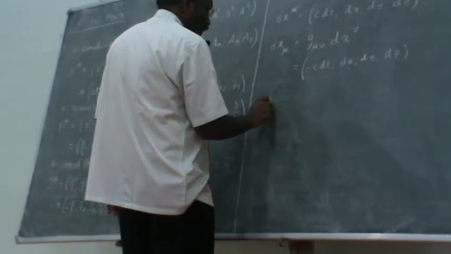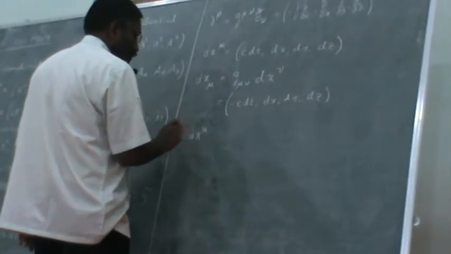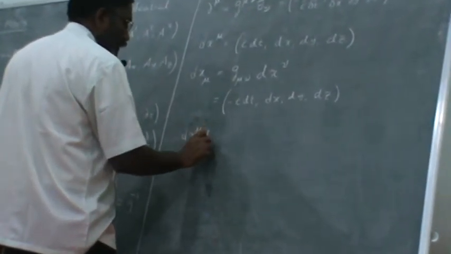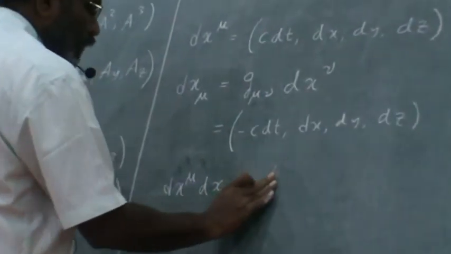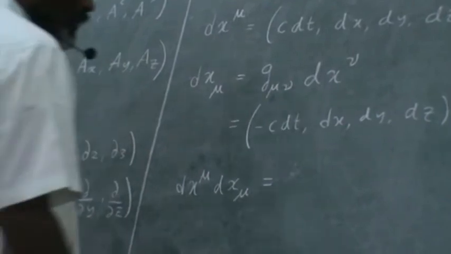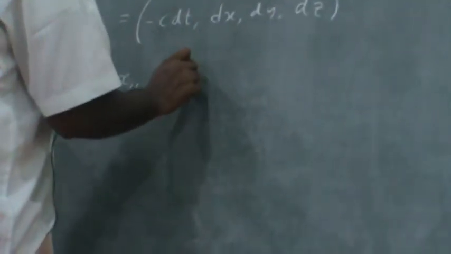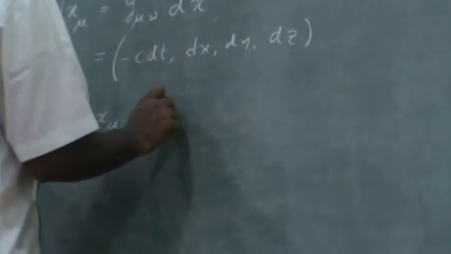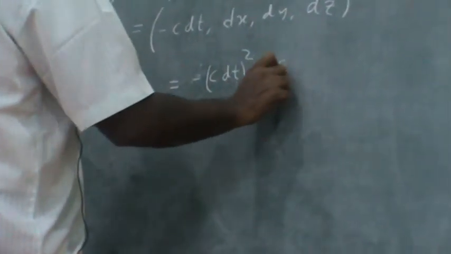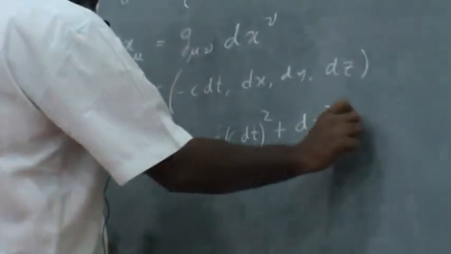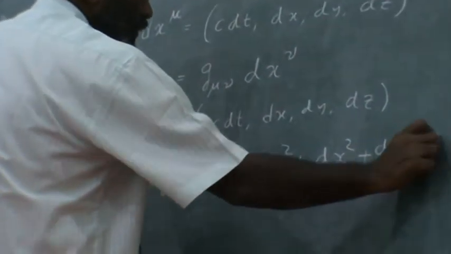Now if I ask what happens to this quantity, dx_μ dx^μ, this will be minus (c dt) squared plus dx squared plus dy squared plus dz squared.